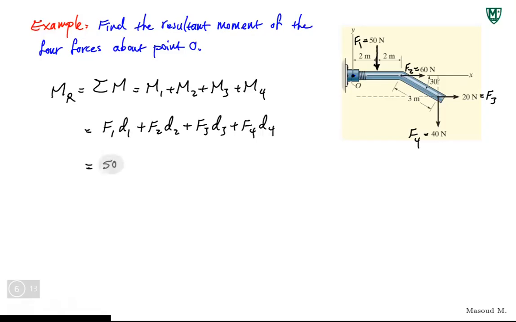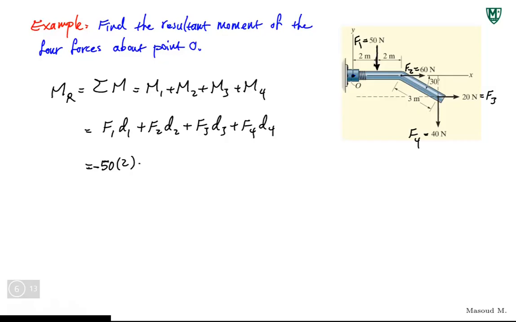So 50 newtons times 2. How about the sign? Go with the sign convention. We said clockwise would be negative, counterclockwise would be positive. So that would be negative, right? This is this way, and then it's going to be clockwise, so this is negative.